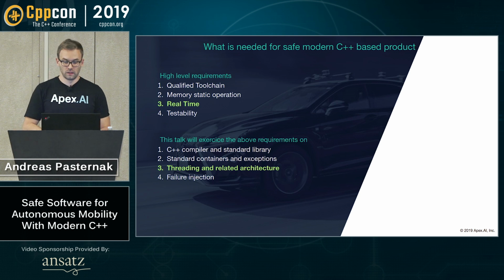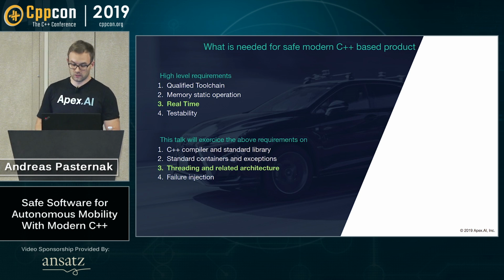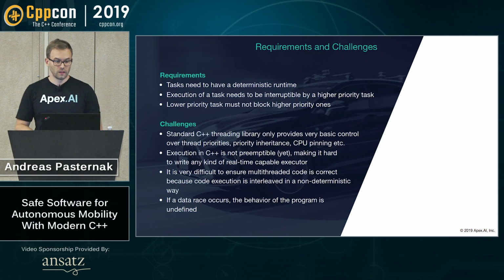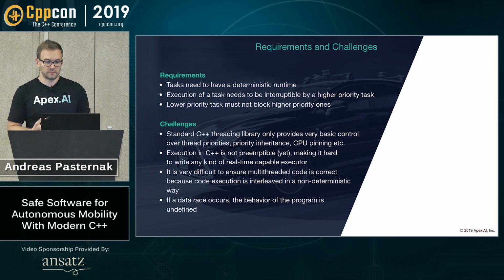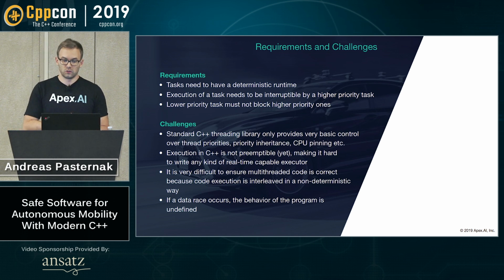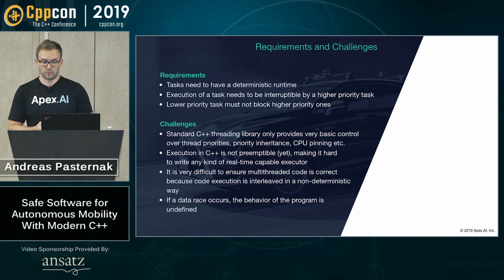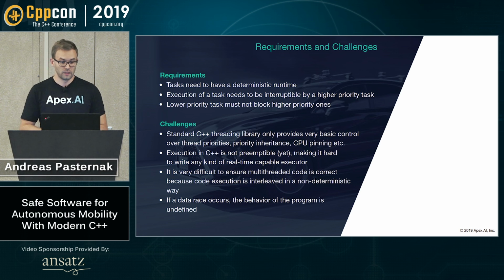Now I want to talk about real-time and threading and the related software architecture. In general, for a real-time system, your tasks need to have a deterministic runtime. The execution of a task needs to be interruptible by a higher priority task, and lower priority tasks must not block higher priority ones.